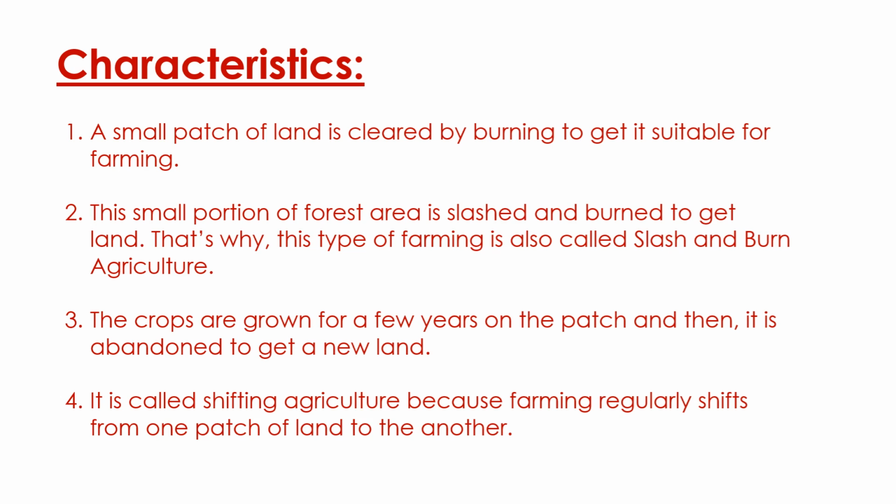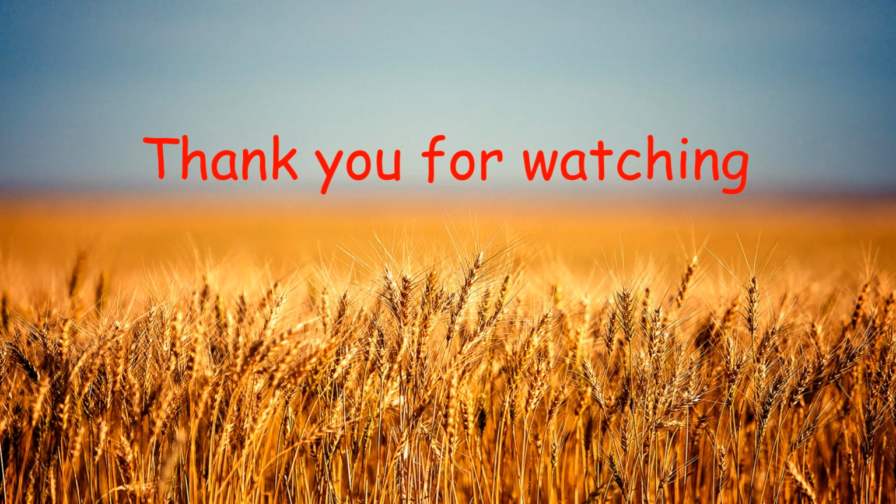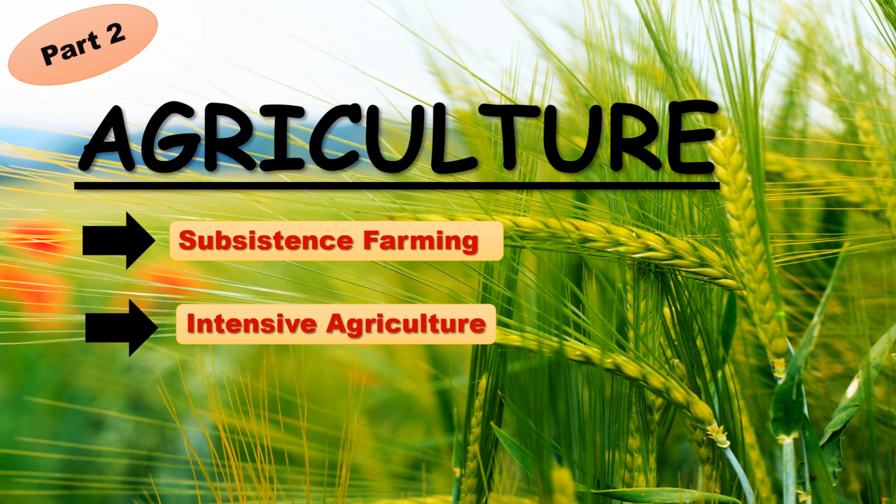Now the crops are grown for a few years on that patch of land, and then it is abandoned, means left, to get a new land. It is also called shifting agriculture because farming regularly shifts from one place to another. So students, this one we have discussed in the first video.